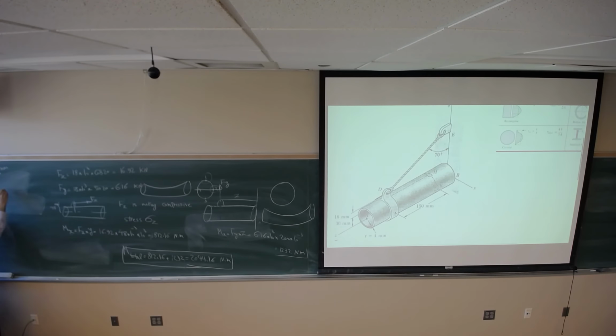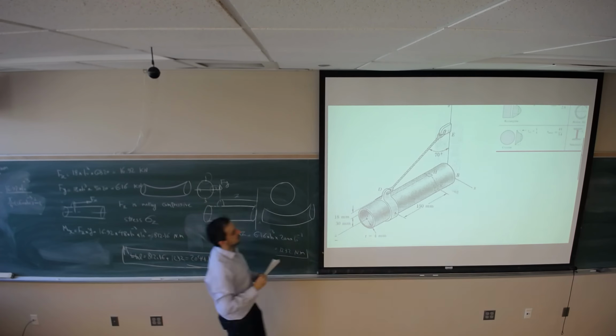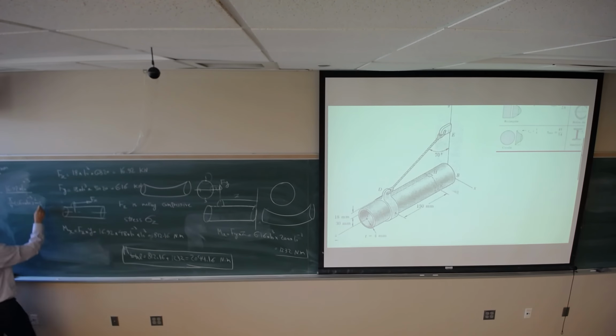Fz is 16.92 times 10 to the power positive 3. Area is pi over 4 times the outer diameter squared, which is 60 millimeter squared, minus the inner diameter squared. With the thickness of 4, I subtract 2 thicknesses, which is 8. 60 minus 8, 52. The inner diameter is 52.